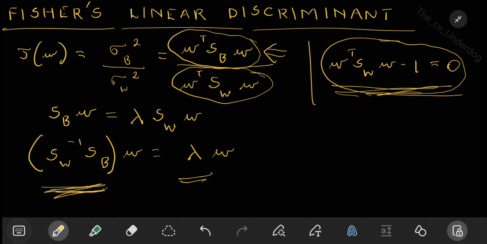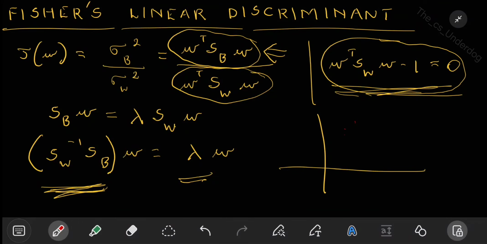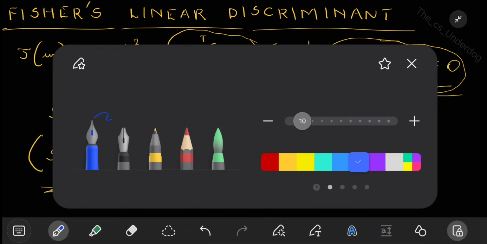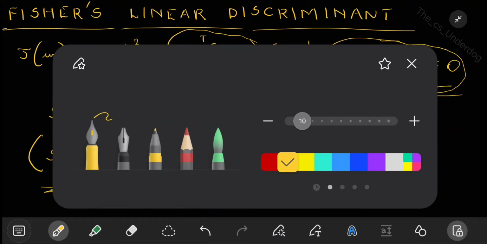So using Fisher's linear discriminant, you had these points. You had these, let's say, red points here, and similarly these blue points here. And you wanted to identify which is the right axis to which you have to project all this data. And how did you find it?